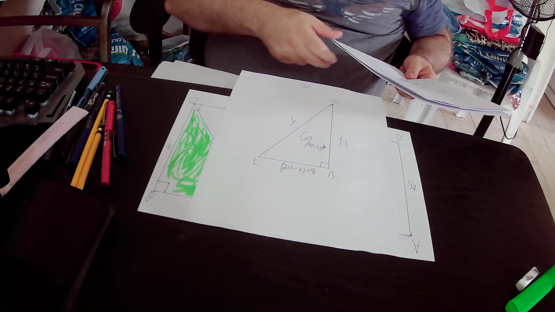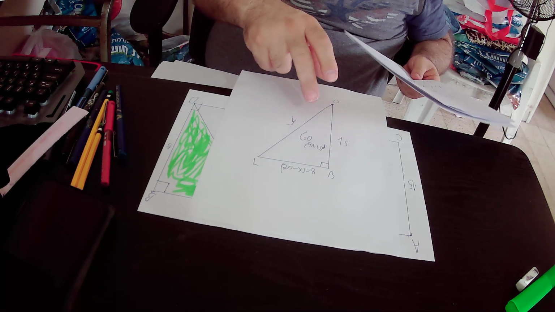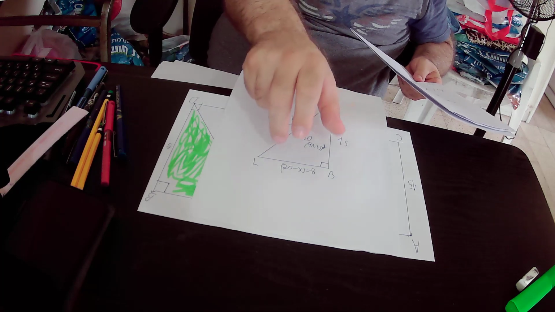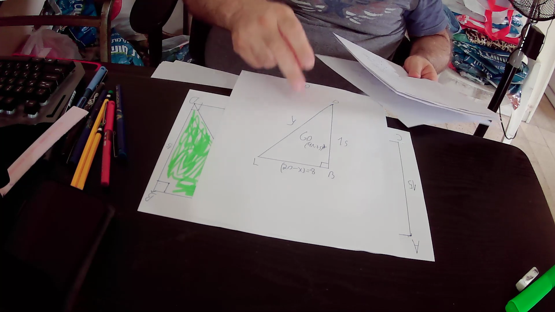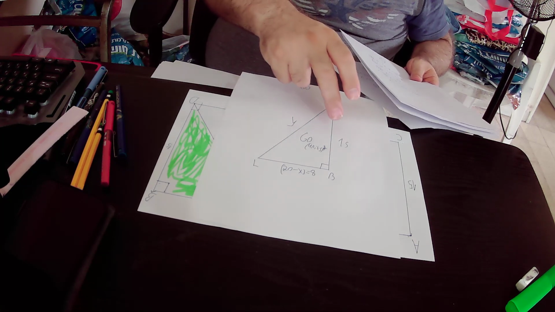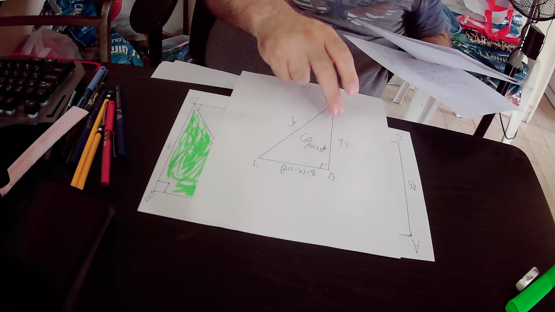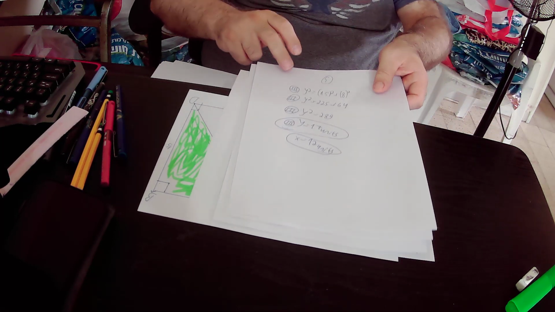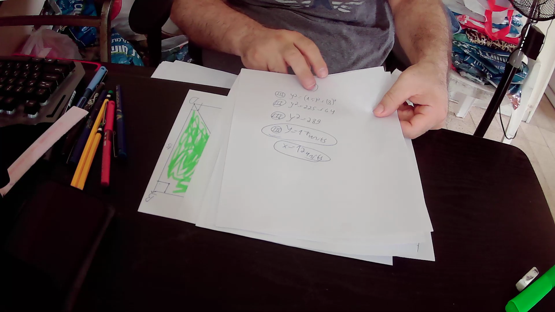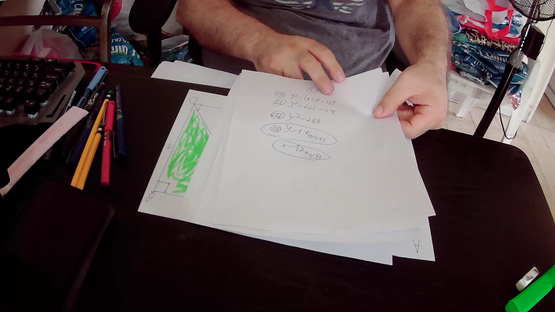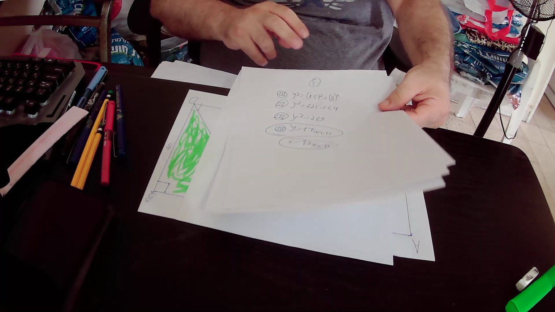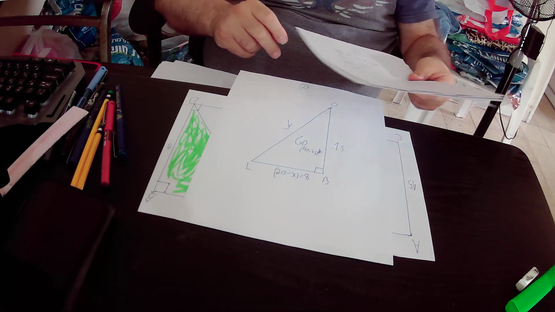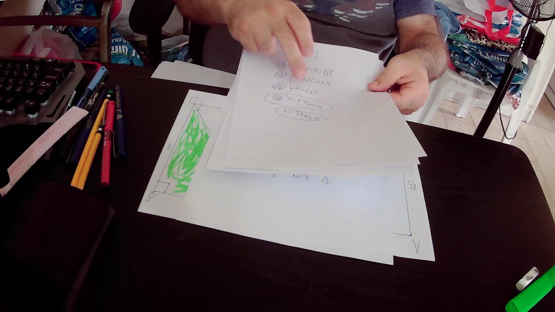According to the Pythagorean theorem, the square of the hypotenuse equals the sum of the squares of the perpendicular sides. So y squared equals 15 squared plus 8 squared. We solved this equation and we got that y equals 17 units, and we have already found that x equals 12 units.